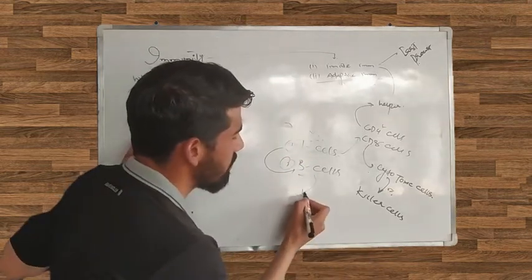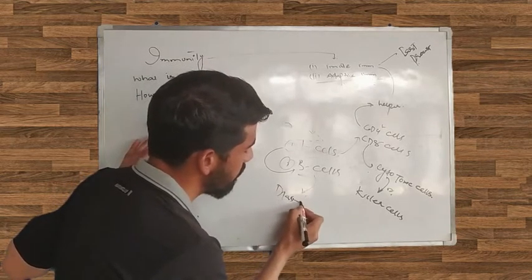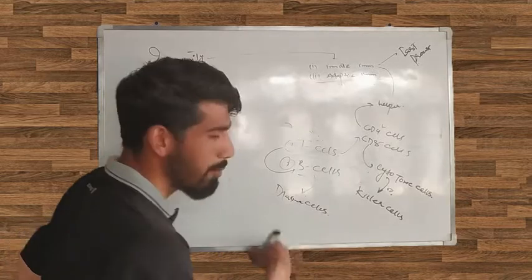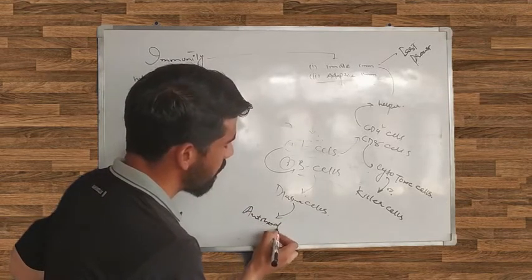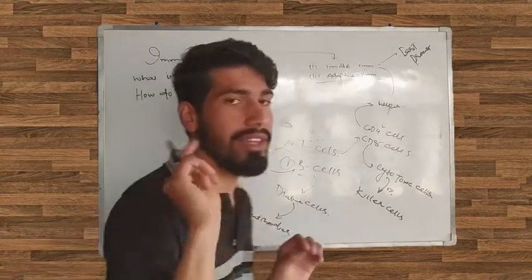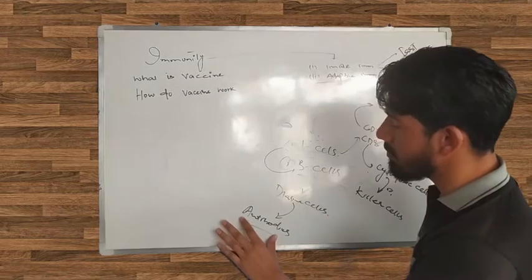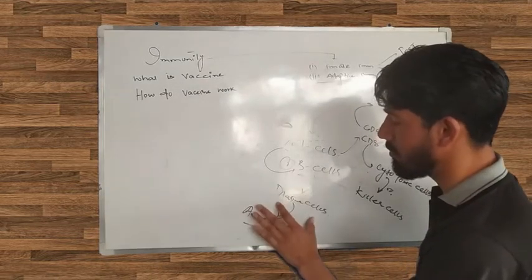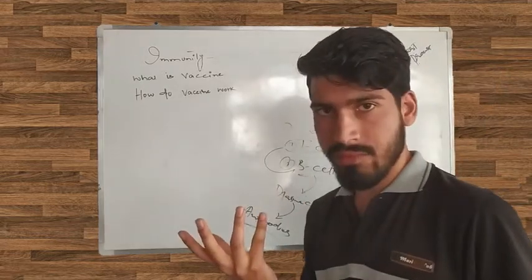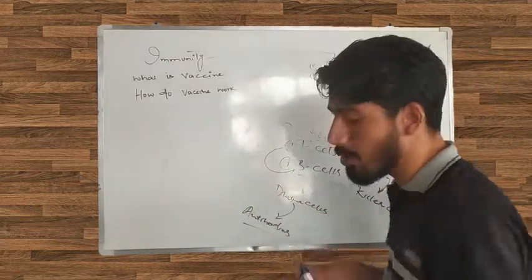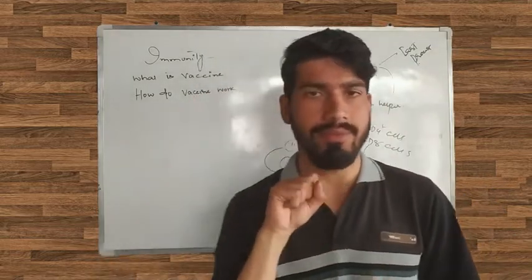These B cells convert into plasma cells, and plasma cells produce antibodies against that antigen. So when the plasma cells produce the antibodies, these antibodies go and destroy the pathogen or the antigen.